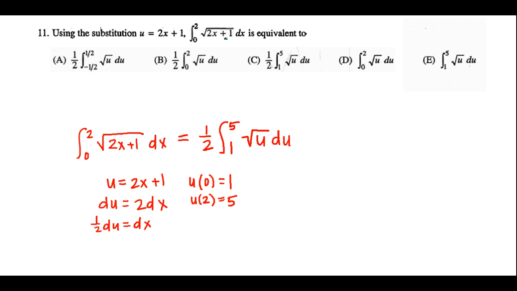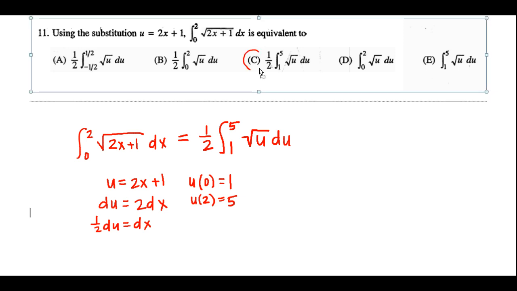So this definite integral is equivalent to, with this substitution, it looks like C. So the 1/2 times the integral from 1 to 5 of square root of u du. So they didn't even ask you to evaluate this integral, they just want to make sure that you understand the substitution method with a definite integral. So the answer is C.